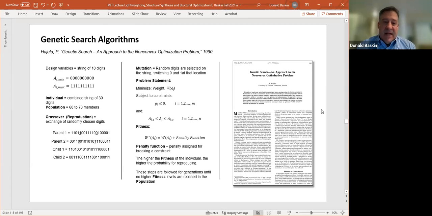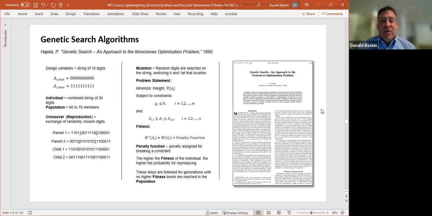The next step is to take the group of children, look at the ones that have lowered the objective function, and have those breed with each other to produce a second generation of children, and then determine for each of those offspring what their value would correspond to in the design space.